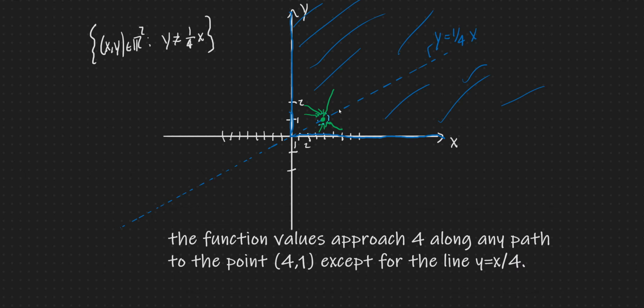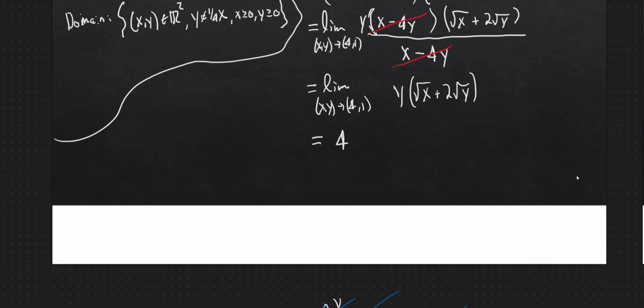But along any other path to (4, 1), any other path in the domain that goes through (4, 1), my function values approach 4. That's my limit. So that's the idea. That's how we can do a limit at a boundary point.